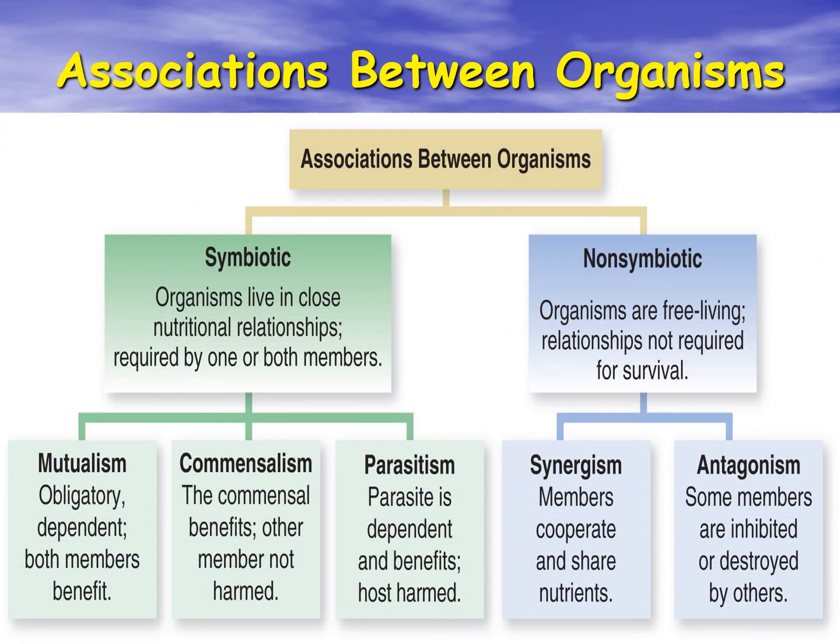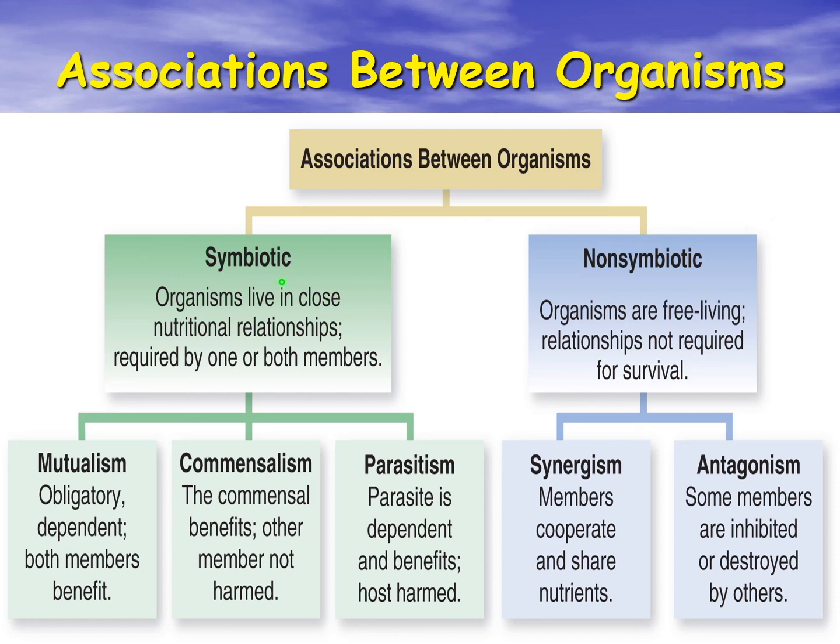We also need to talk about the association between organisms. Organisms live either in symbiotic relationships or non-symbiotic relationships, and all organisms live in some sort of community. No man is an island, the old saying goes.